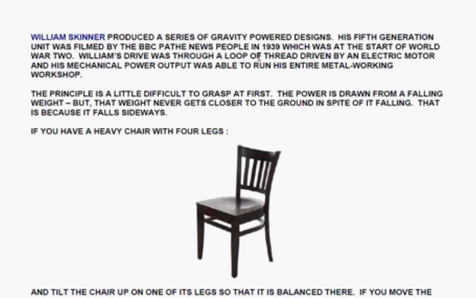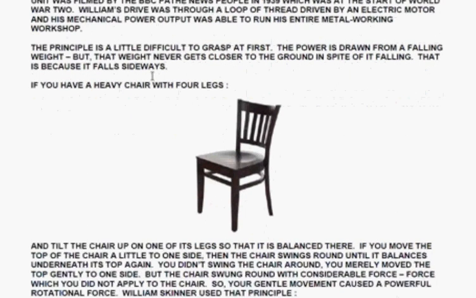And this system is so powerful that it was driven by a loop of thread. Now that system that he is operating has enough power for him to drive his metal cutting 12-foot long lathe and his other workshop equipment. It's very powerful. It's gravity powered.